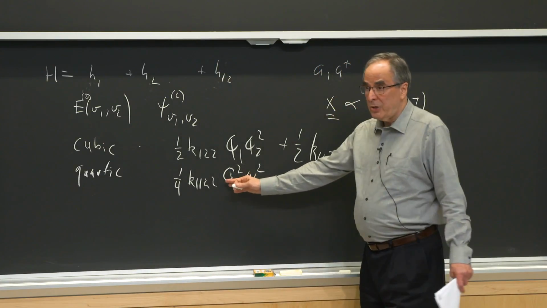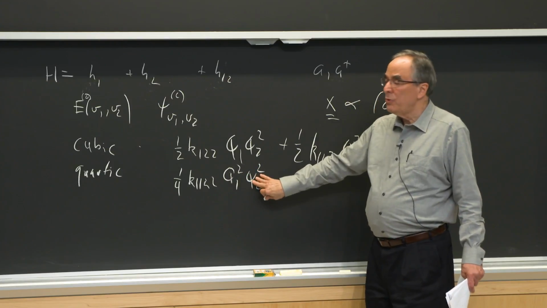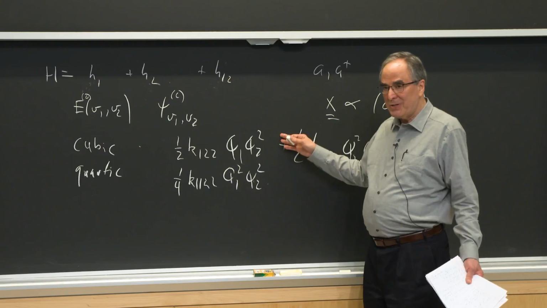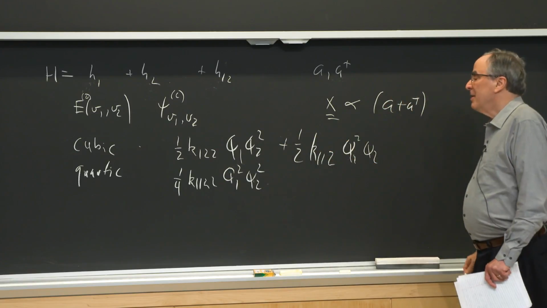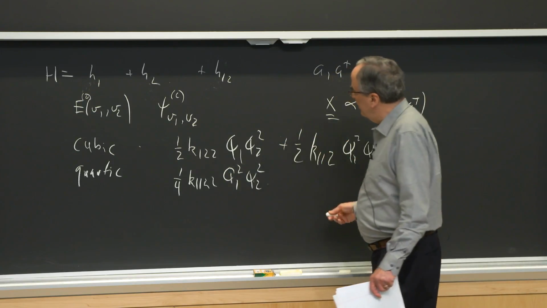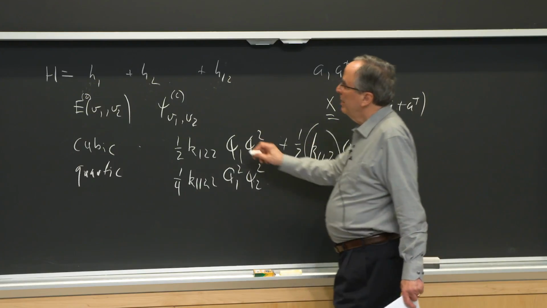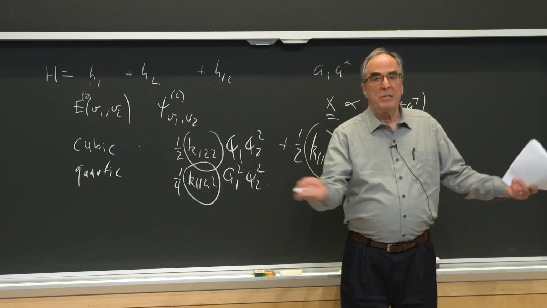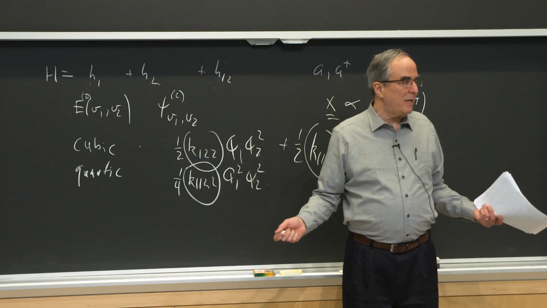There's also a Q1 Q2 cubed, and those terms usually are not important because they mostly are dealt with under here. So anyway, these are the parameters, and these are the things that you need in order to understand what this molecule is going to do when it's excited.